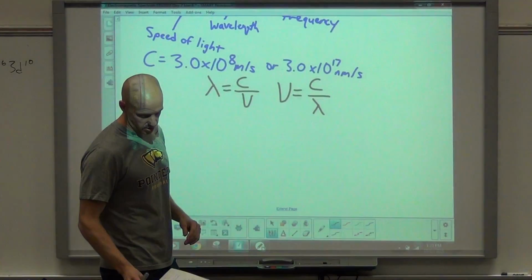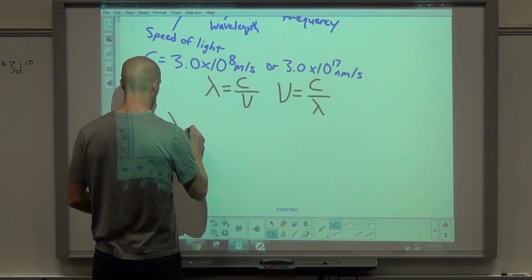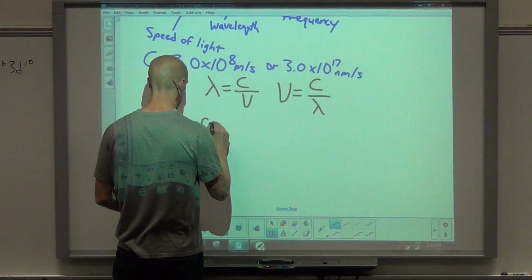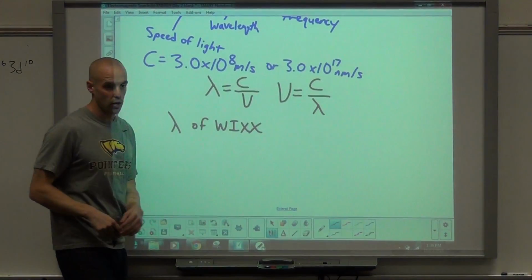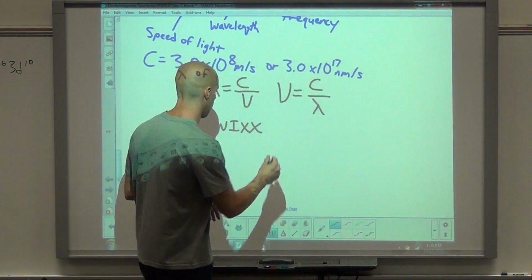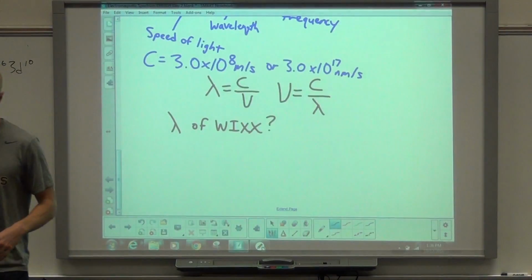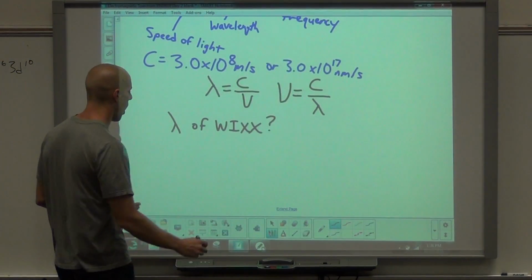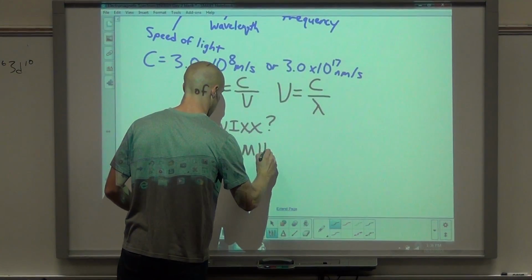First example, it's pretty simple. I want to know what the wavelength is of WIXX. Literally, I want to know the wavelength of the wave that the radio station pushes out to your car. We know the frequency of it. What's the frequency of WIXX? 101.1, in megahertz.